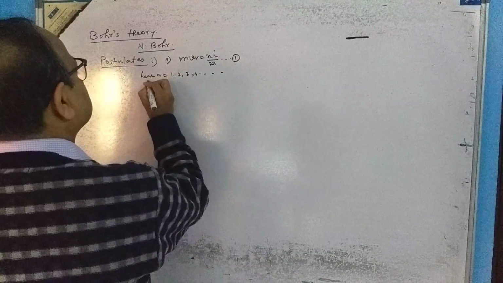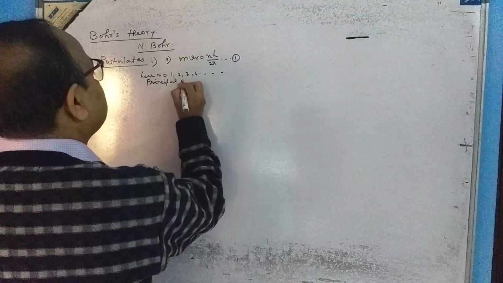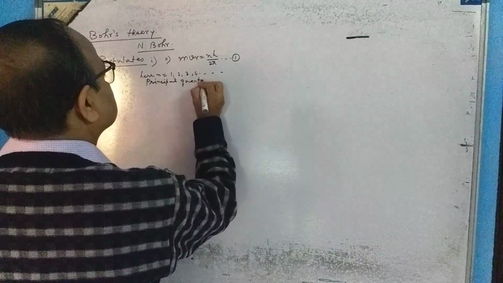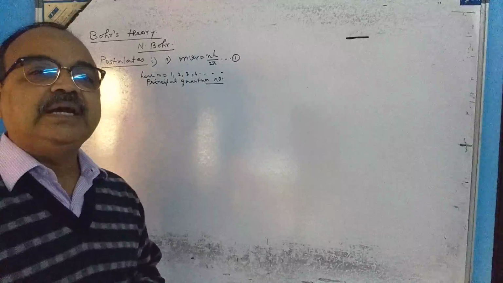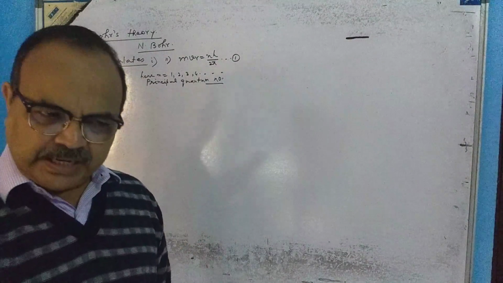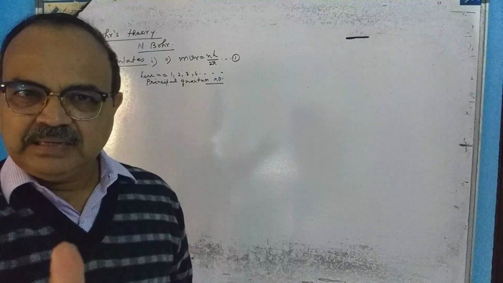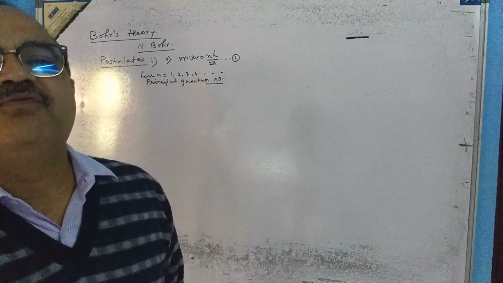It is called the principal quantum number. That means it represents the order number of the orbits. The innermost orbit is n equal to 1, and as we go outward, n will be 2, 3, 4 and so on.